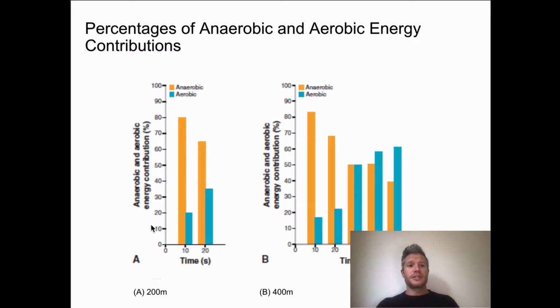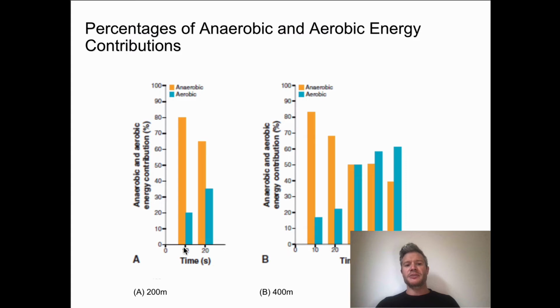Okay, so let's take a look here. What this depicts, if you notice, in the orange, that's our anaerobic bars, and then our aerobic is in the blue or the teal. On the left, or the y-axis, what you'll see is a percentage of total contribution from one of these two systems. At the bottom we have time on the x-axis.